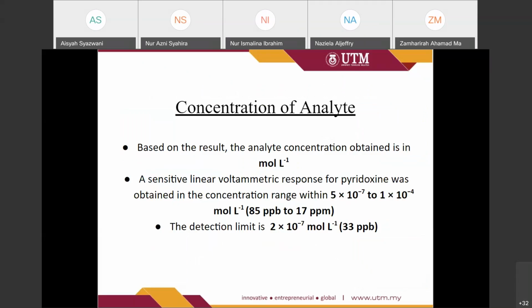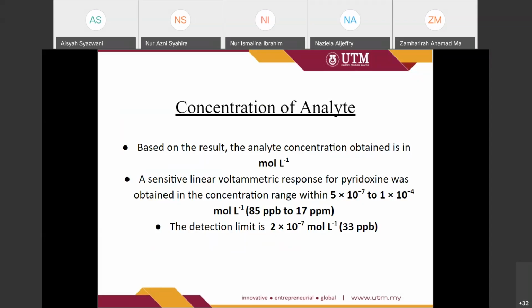Okay, the next one is the concentration of the analyte. Based on the journal, the analyte concentration is obtained in mole per liter. A sensitive linear voltammetric response for pyridoxine was obtained in the concentration range of 5 × 10^-7 to 1 × 10^-4 mole per liter.